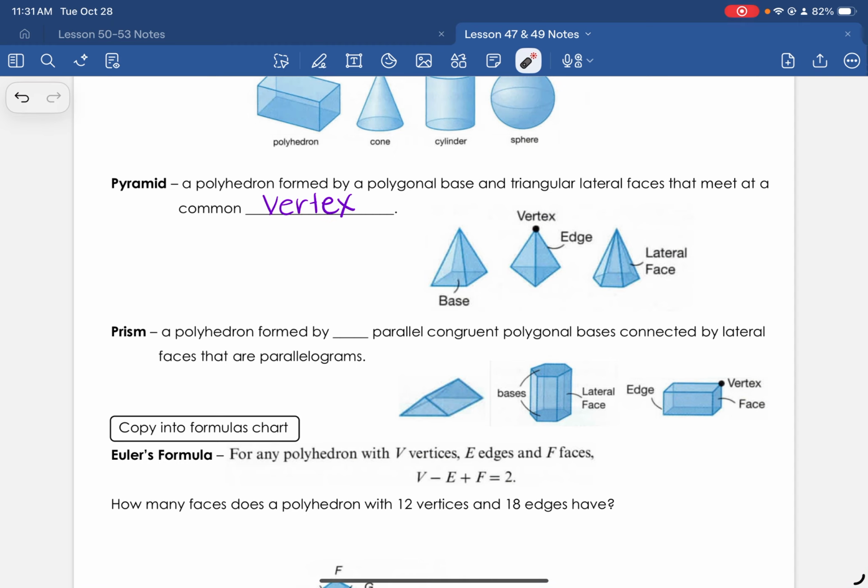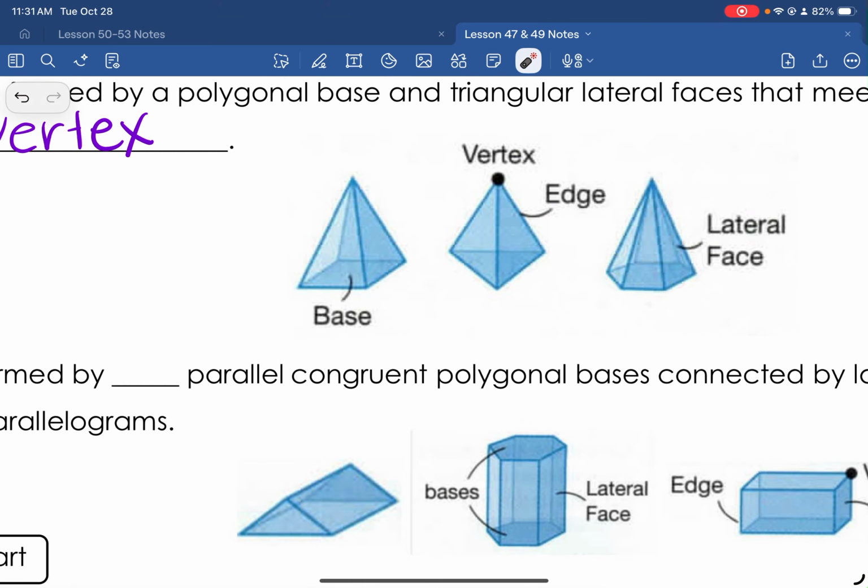So you'll notice pyramids all have that point. I want to point out their bases. So see how this is a rectangular pyramid, a triangular pyramid, and a hexagonal pyramid. Now, this is always the base, this is always the vertex, this is always the edge, and this is always the lateral face.